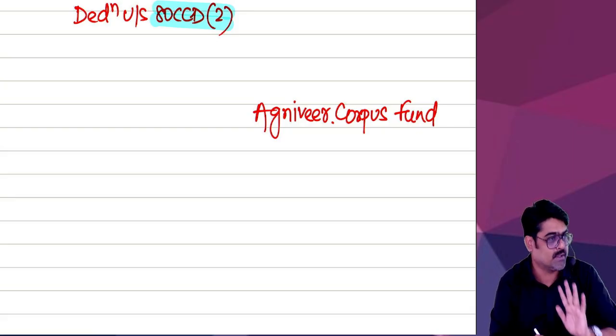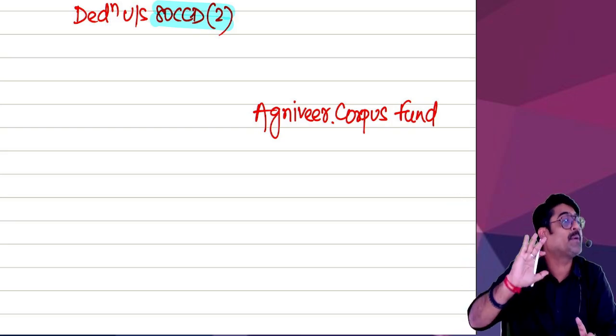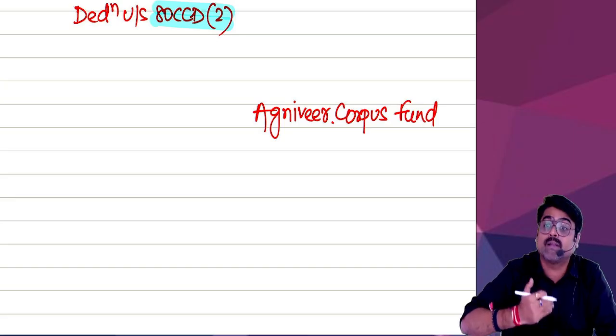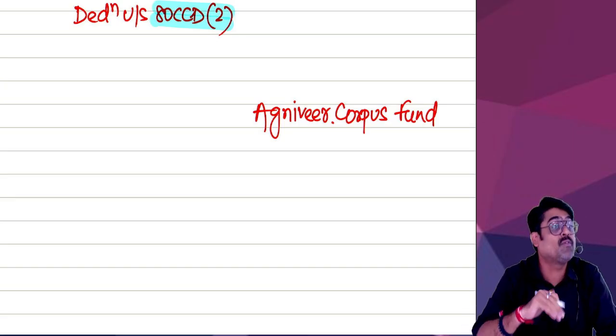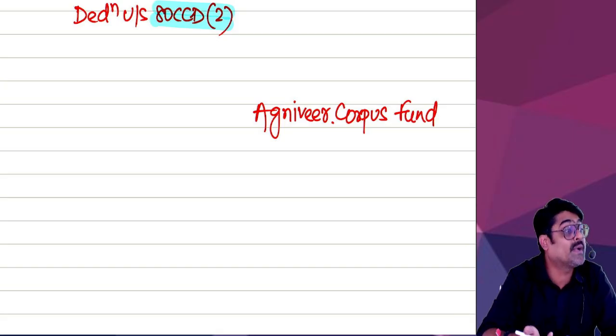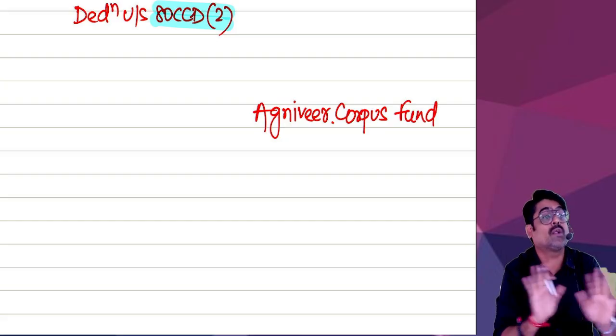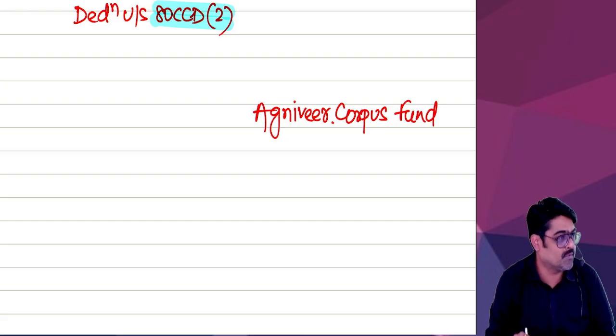But directly you will not get permanent employment as a soldier. First you will come in the Agnipath scheme and you will be treated as Agniveer. Till the time you are Agniveer, you are not a permanent soldier of the government.